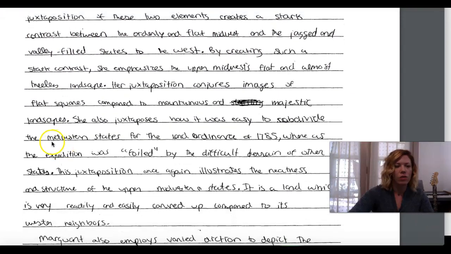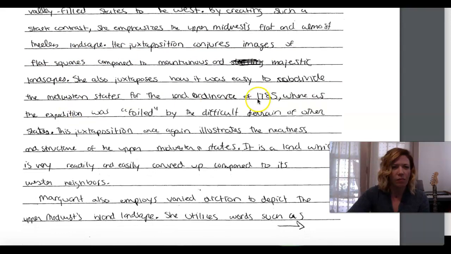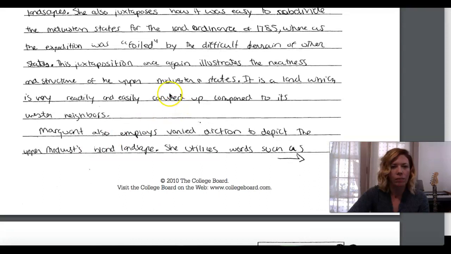By creating such a stark contrast, she emphasizes the Upper Midwest's flat and almost dull landscape. Her juxtaposition conjures images in flat squares compared to mountainous and majestic landscapes. She also juxtaposes how it was easy to subdivide the Midwestern states for the land ordinance of 1785, whereas the expedition was foiled by the difficult terrain of other states. This juxtaposition once again illustrates the neatness and structure of the Upper Midwest states.